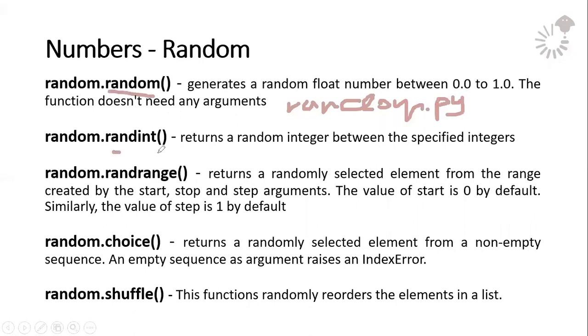Random, random integer, random range, choice, and shuffle. This is just a few of the functions under the random module. So what do these do?